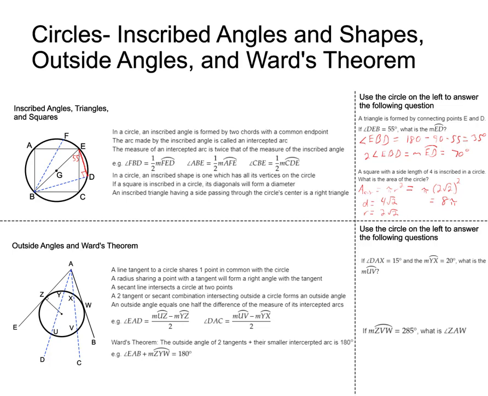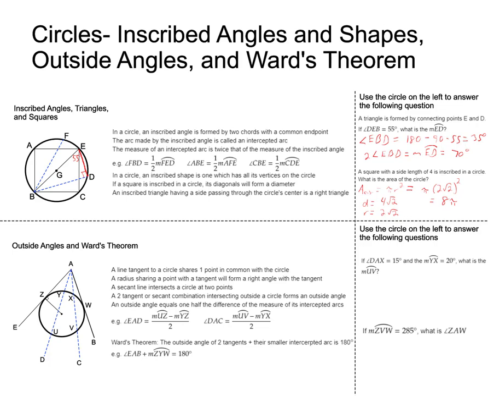For example, if we take angle EAB, which is made up of the two tangent lines EA and BA, and if we add to that the measure of arc ZYW, which is the smaller intercepted arc of that angle, we get 180 degrees.